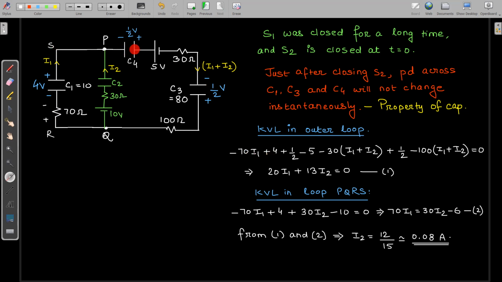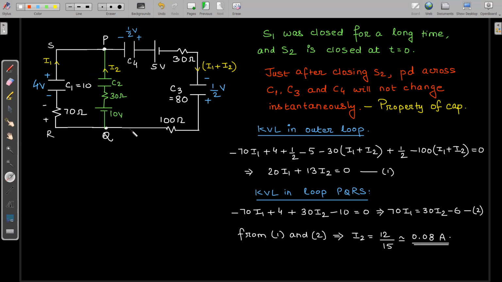Then across C4, there will be an increase of half volt. Then across the battery, there will be a drop of 5 volt. Then for this 30 ohm, there will be a drop of 30 multiplied by the current, which is I1 plus I2. Then as we move across C3, there will again be an increase of half volt. And through this 100 ohm, there will be a drop of 100 multiplied by the current I1 plus I2. If you manipulate this equation, you will get a final equation of 20 I1 plus 13 I2 equal to 0.